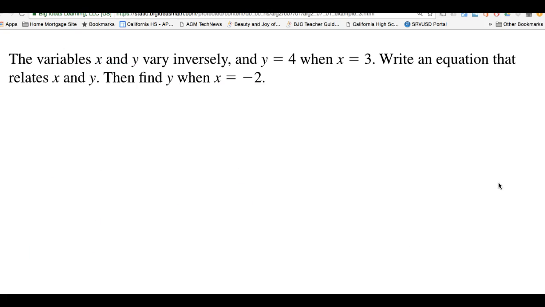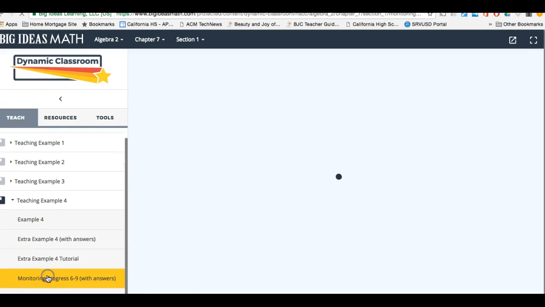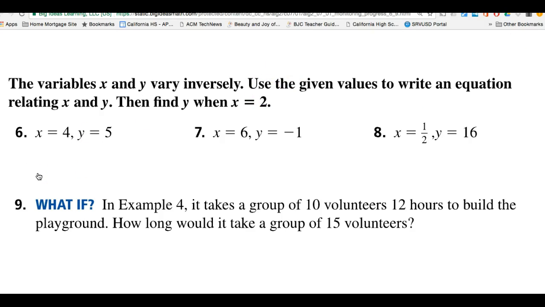Okay, so let's go ahead and look over at the problems that I'm going to have you do. You are going to be doing all three of these, 6, 7, and 8. There will be 3 different text boxes that come up for you to write your equations in, so make sure you write each one separately.